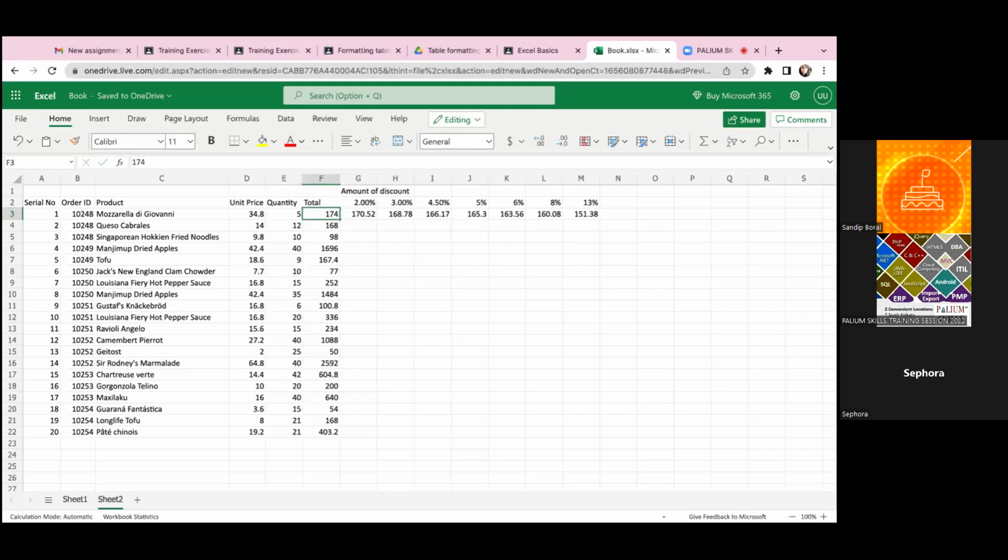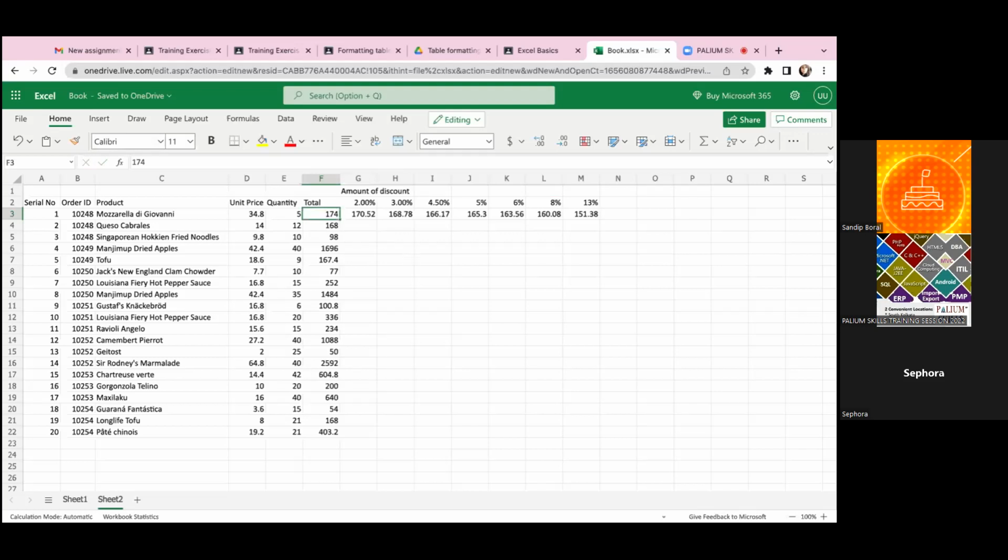I tell you the cost of a mozzarella cheese is $174. And I am giving you 2% discount. What is the net price after discount? How will you do it? Net price after discount, what is the price? 170.52 something. No, how did you do it?